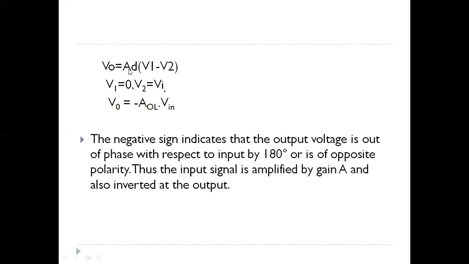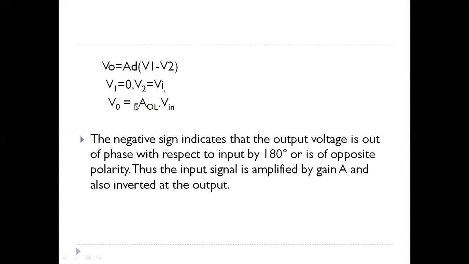Here the differential gain is taken as open loop gain because there is no feedback from output to the input, so this gain is also known as open loop gain, AOL. So V0 is equal to minus AOL into Vin. This is the output of the inverting amplifier.